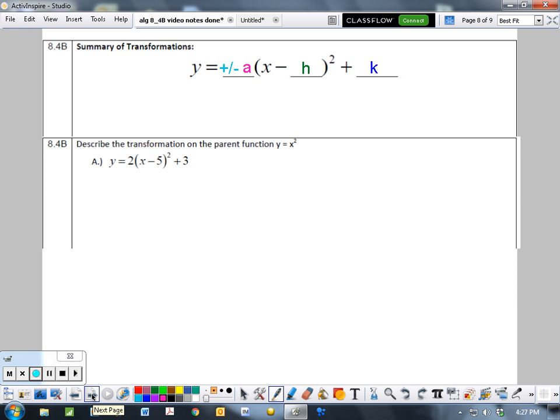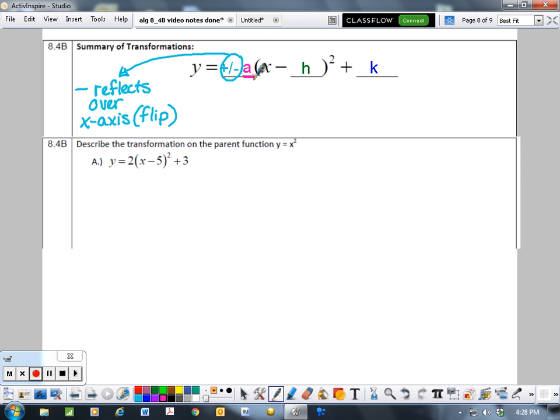So let's summarize everything. Okay, this plus or minus, what does it do? Negative reflects over the x-axis. This is really our flip. Plus does nothing different. Now this A, this is telling us if we're going to get skinnier or if we're going to get fatter.